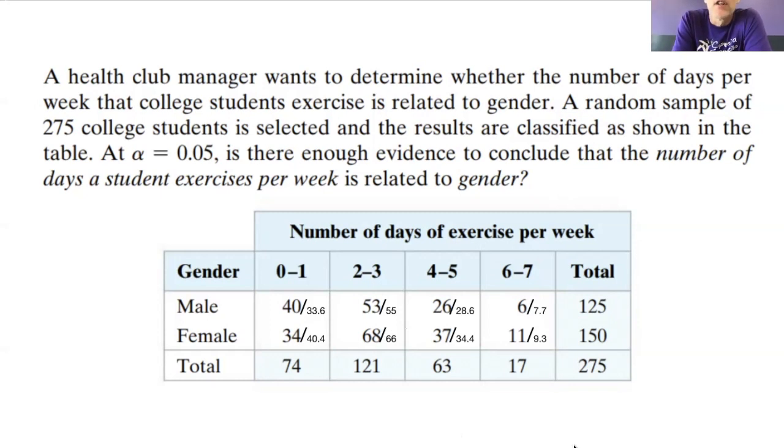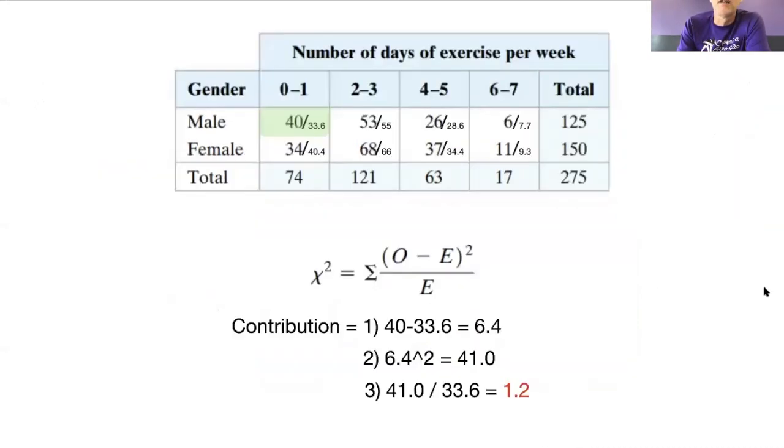We have met that condition. Another thing you can see already: the closer the expected is to the observed, the smaller the chi-square we're going to get, and the less likely we are to reject our null hypothesis. Just something to think about. Let's move on.